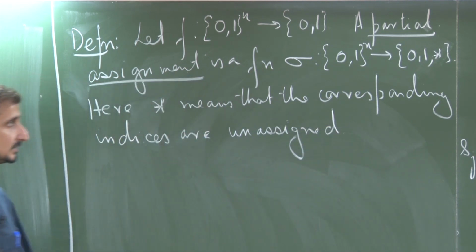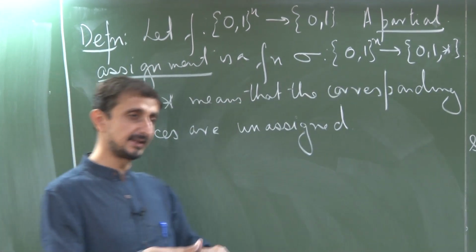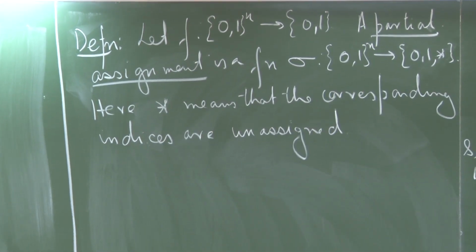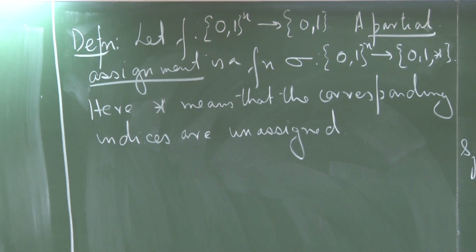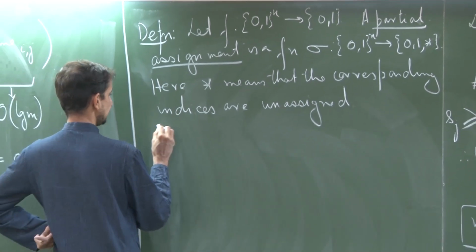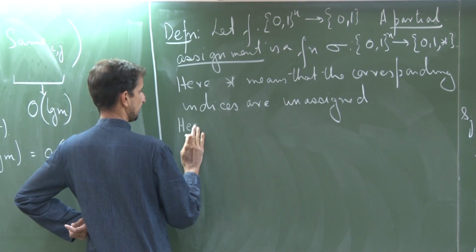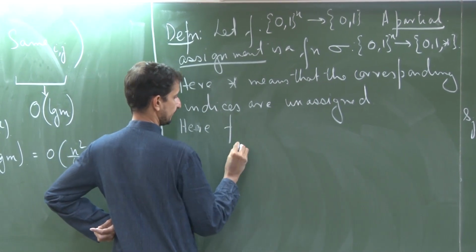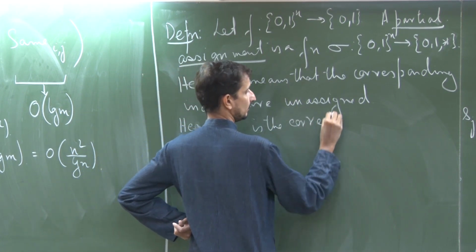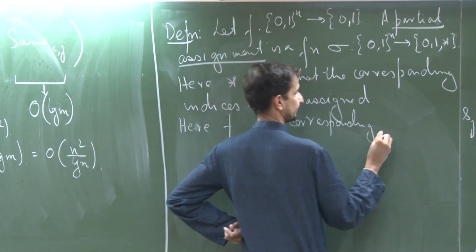The indices which go to 0 and 1 are getting a fixed assignment, and the indices which go to star are free. This is another way of looking at a restriction, and the notation is the same: f restricted to sigma is the corresponding restriction.